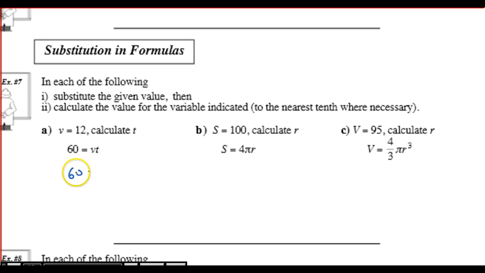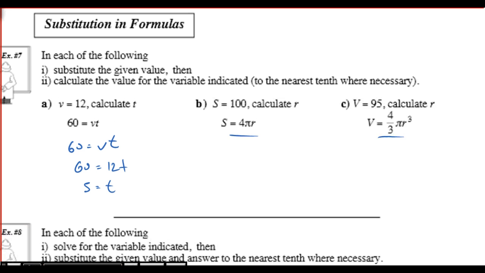So 60 equals v t, and then 60 equals 12 t equals 5, and so on. I'm pretty sure we can get all of these answers on our own. Again, you can use the store feature on the calculator to make this a little bit easier.